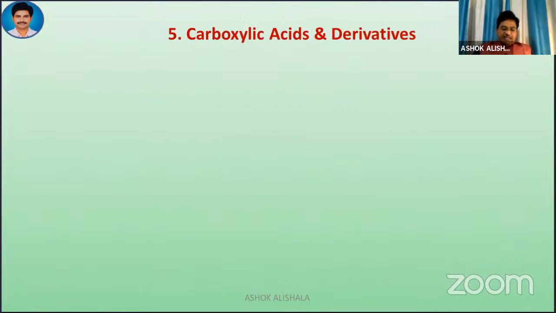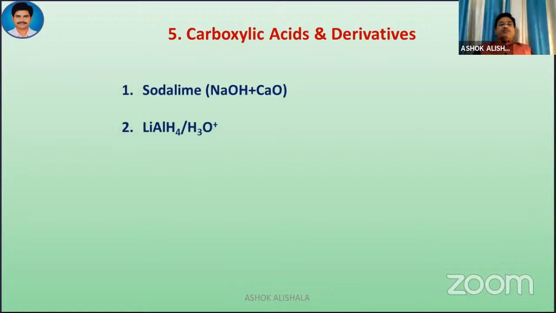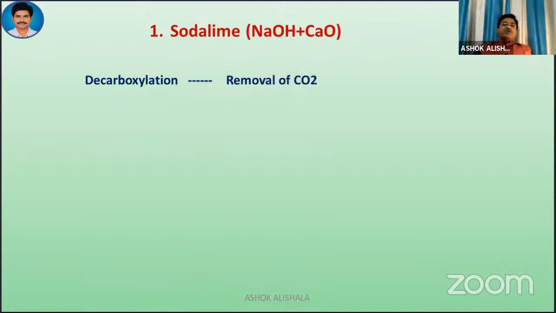Let us take another one, the carboxylic acids and their derivatives. There are two important reagents. One is soda lime, and another is lithium aluminum hydride in presence of hydronium. Let us see soda lime. Soda lime is nothing but a mixture of sodium hydroxide and calcium oxide. What is the action of the soda lime? The soda lime removes carbon dioxide, decarboxylation.